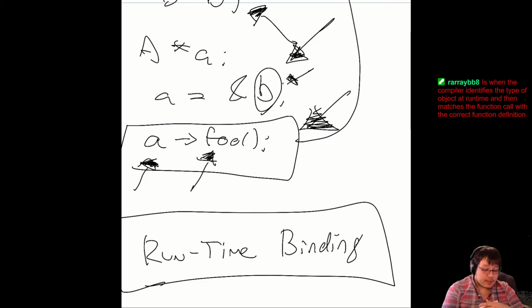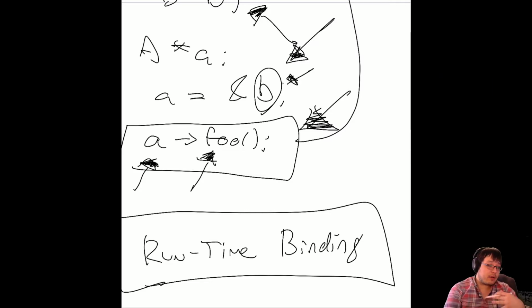On the other hand, runtime binding is a little bit more YOLO, in the sense that it just assumes that you're not going to make mistakes. So there's more flexibility at the cost of less checking at compile time, which means more risk of errors happening later on in the program that you don't catch early on.